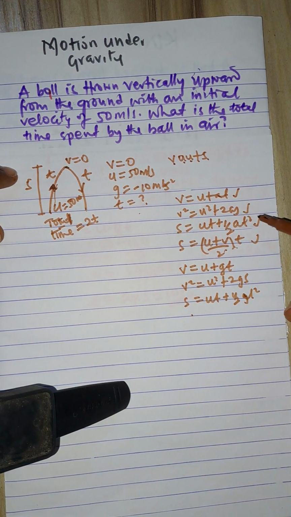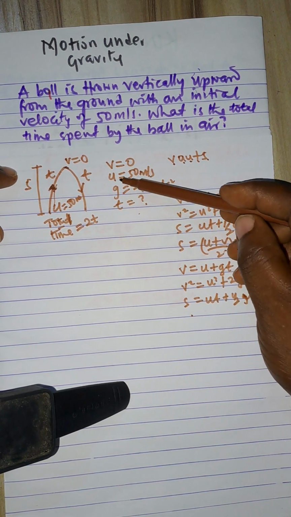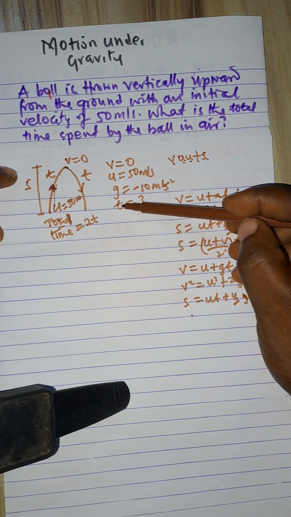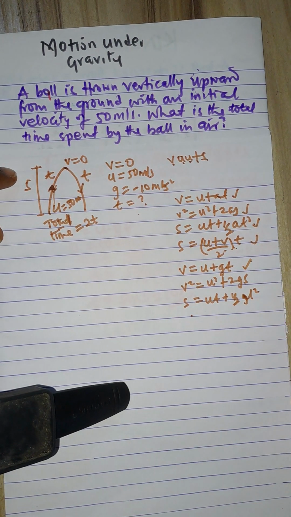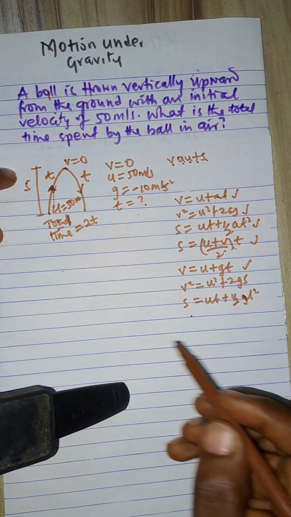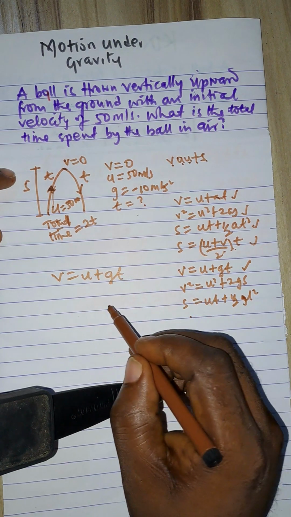Having listed the parameters, s is not there. So the equation that doesn't have s is the first one. So the appropriate equation to use is v equals u plus gt.